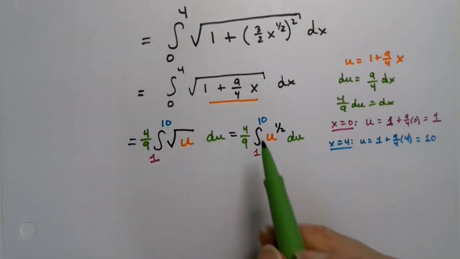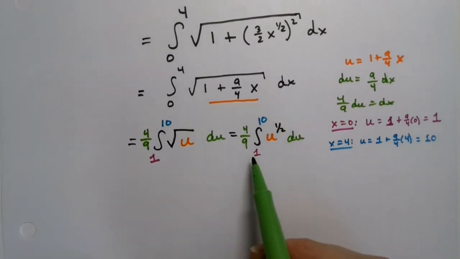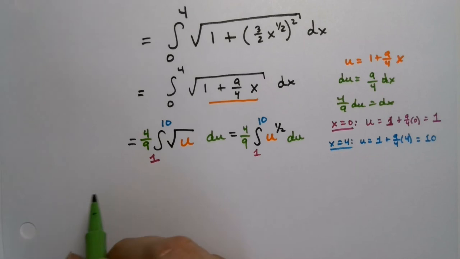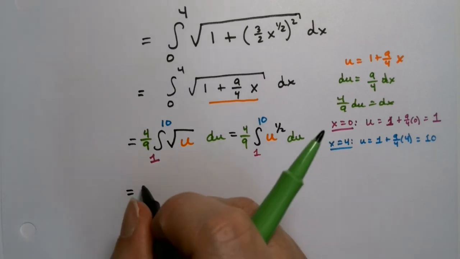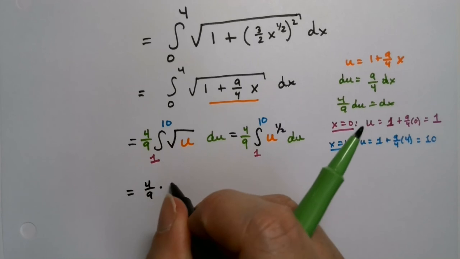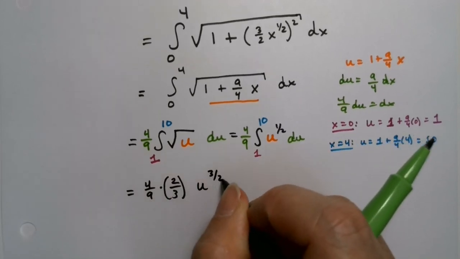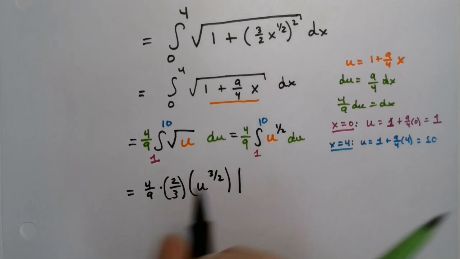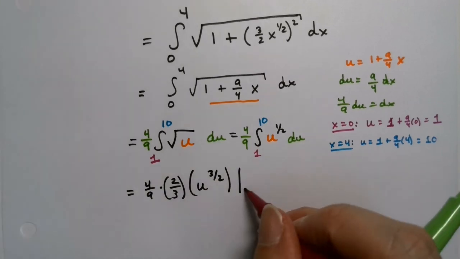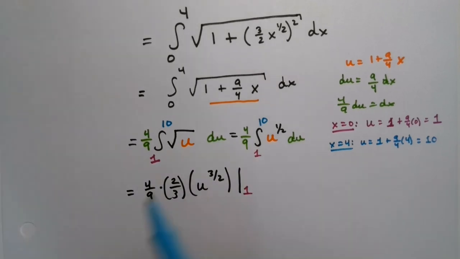All right, so we will add 1 to that power and then divide by that new power, or we'll multiply by the fraction. So this is equal to 4/9 times 2/3 times u to the 3 halves. And we'll take that from 1 until 10.